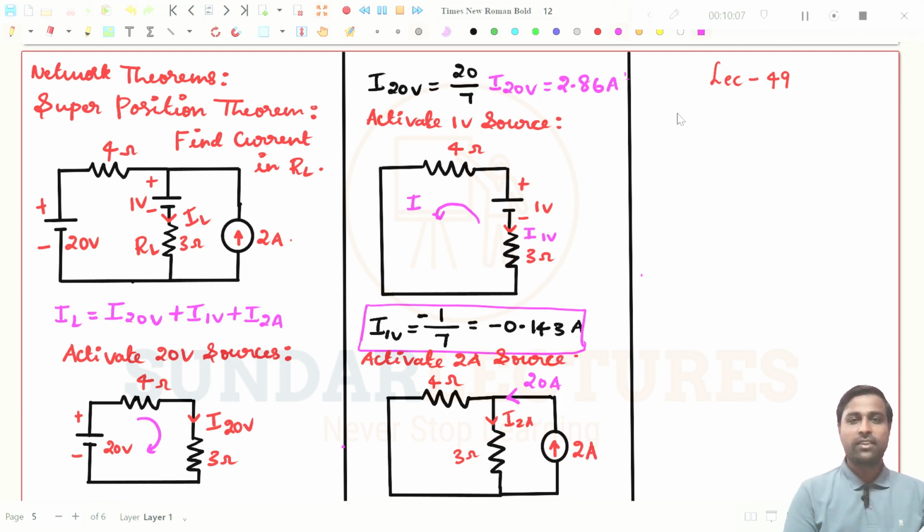So you can apply the current division rule, because these two resistors are connected in parallel.